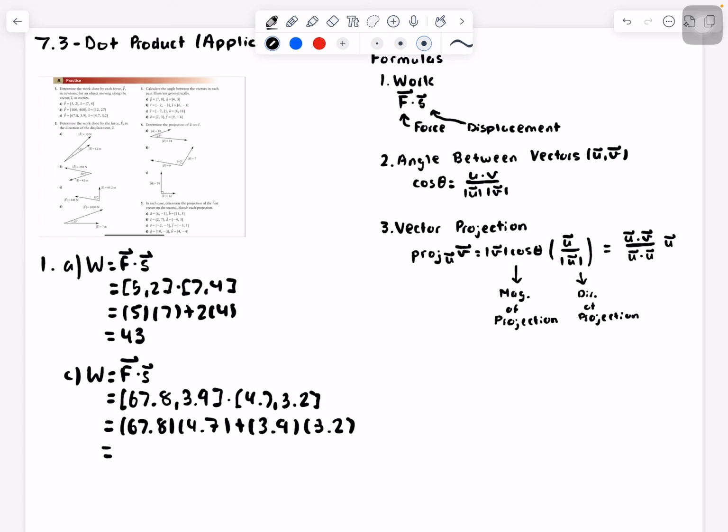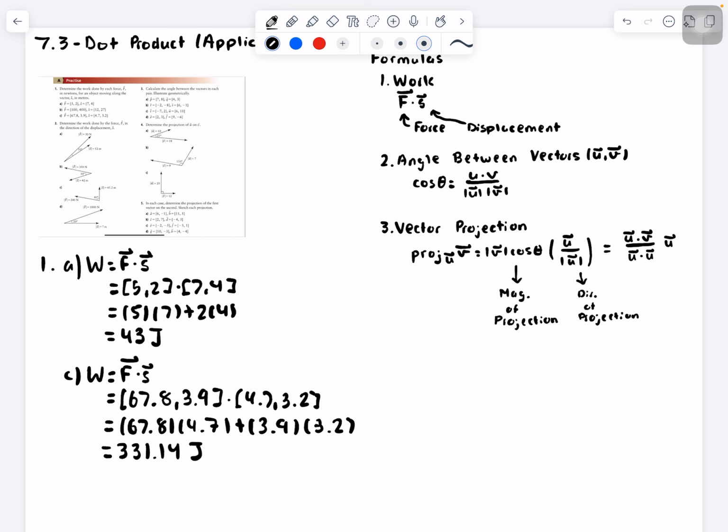Times 3.2. So the answer we get is 331.1. That's an ugly 3 again. And both these units are joules. That's the standard SI unit for work.